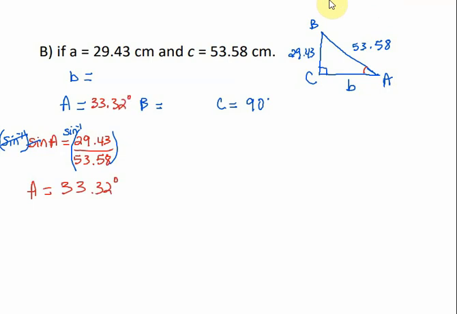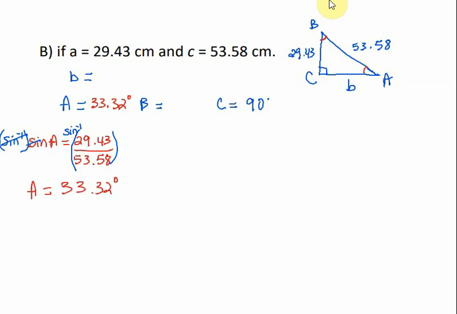Now to find angle B, we could do it one of 2 ways. We could say that we're standing on angle B, and we could use these 2 sides to find angle B, or we know that these have to add up to be 180. So again, we can subtract this from 90 degrees to get our angle B, and that would be the easiest way to do that.